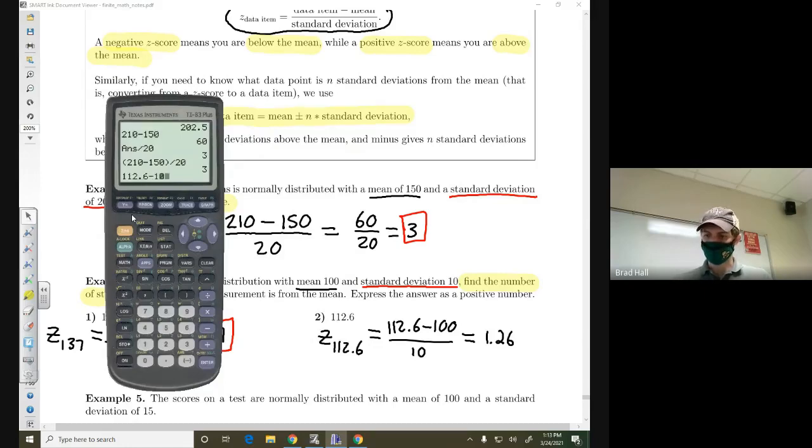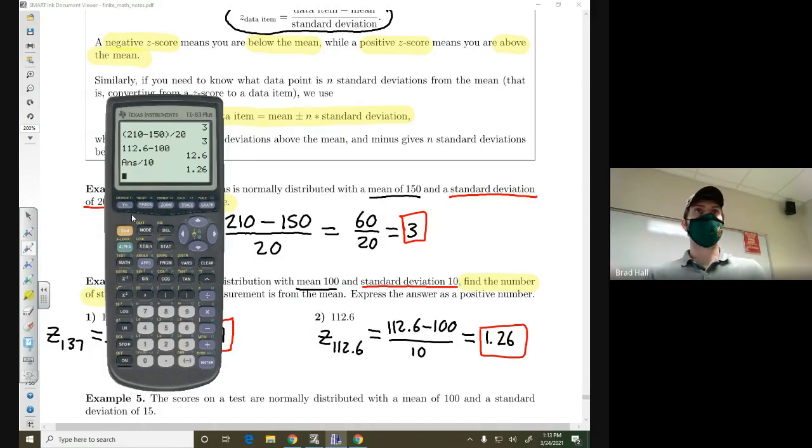Yep, I'm glad I checked. 1.26. So that tells us 112.6 would be 1.26 standard deviations above the mean.